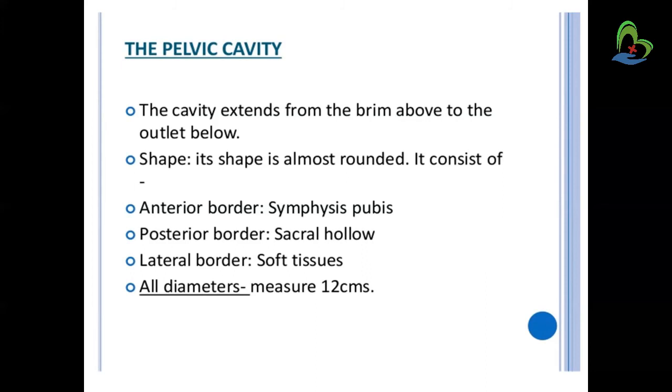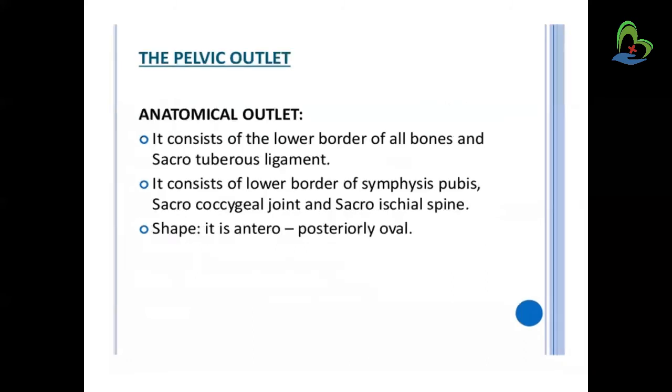The anterior border is the symphysis pubis. The posterior border is the sacral hollow. The lateral borders are made up of soft tissues. All diameters of this pelvic cavity, the anterior posterior, transverse and oblique, measure about 12 centimeters.